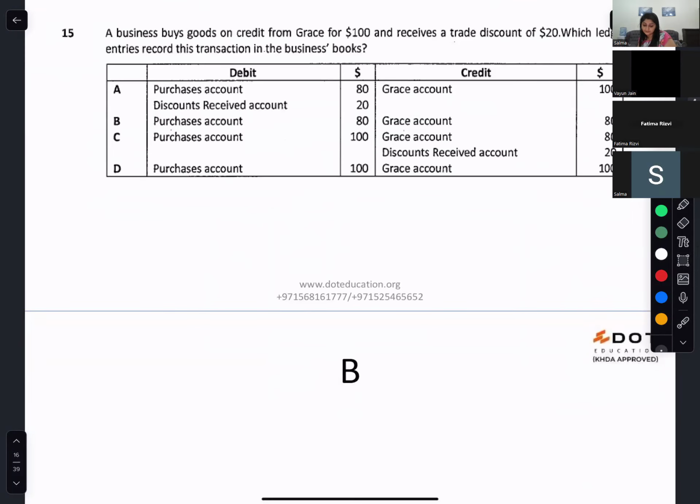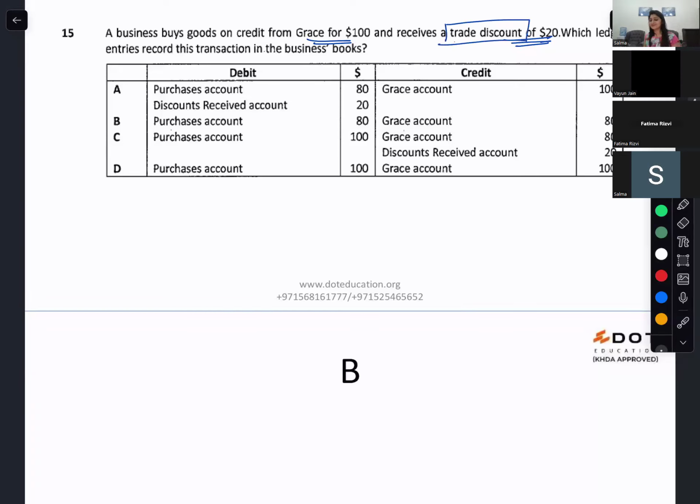A business buys goods on credit from Grace for 100 and receives a trade discount of 20. Fatima, can you tell me the entry of purchases or sales will be passed at what amount? 100. Which discount is this?